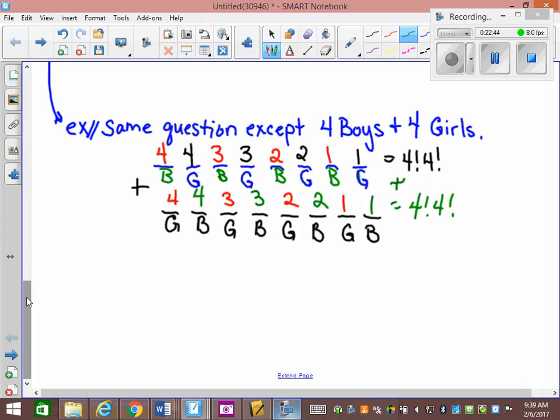I'm looking for something super simple. Like 4 factorial plus 4 factorial. How else could I do that? Yeah. Times the first one by 2. So I could just go 4 factorial times 2. Either way is just fine. I don't know what the answer to that is, though. What is the answer?